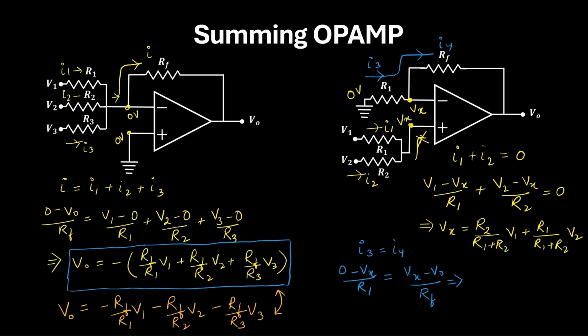So from this expression, you can get V0 is equal to minus RF by R1 into Vx. Now, in the output expression, you substitute this Vx here. Then you can get the final expression of the output. And this is how we deal with a summing op-amp, where multiple inputs are applied in the non-inverting terminal.